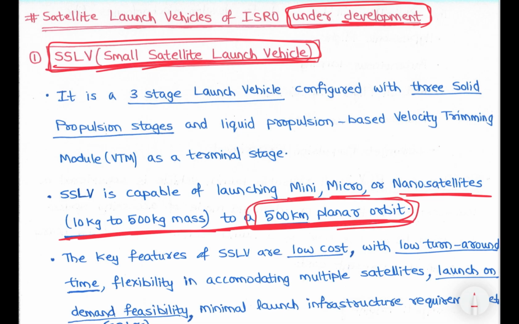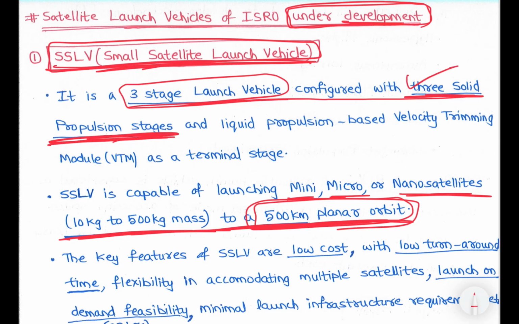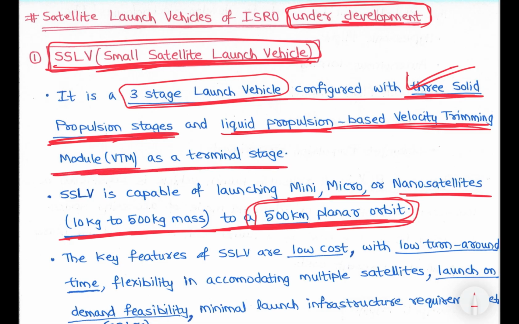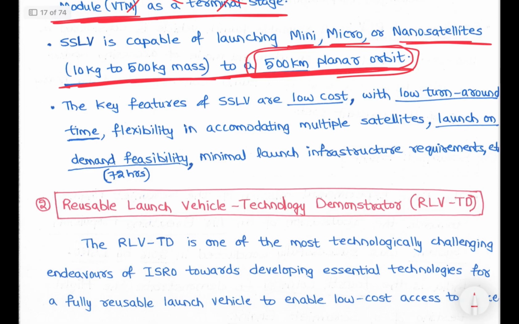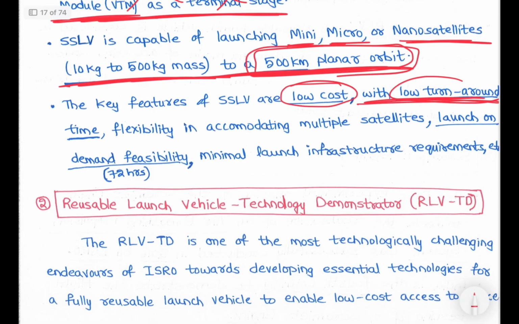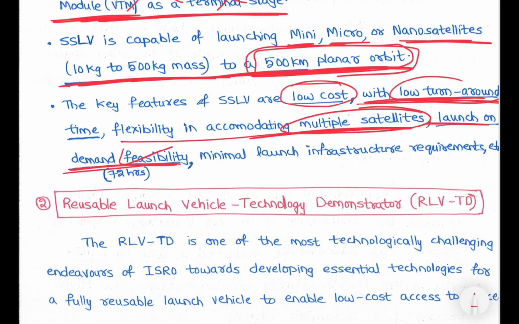So SSLV is a 3-stage launch vehicle configured with 3 solid propulsion stages and a liquid propulsion based velocity trimming module as a terminal stage, right. So basically 3 stage वो है, ये इतना important नहीं है, right. 3 stage launch vehicle है, right. And key features are small, low cost with low turnaround time, right, and flexibility in accommodating multiple satellites and launch on demand feasibility, right. Minimal launch infrastructure requirements etc. we have discussed, right.